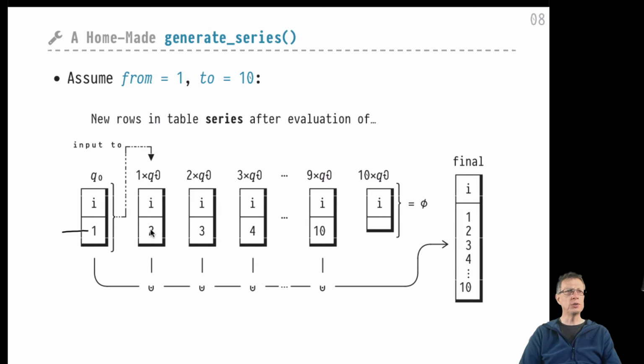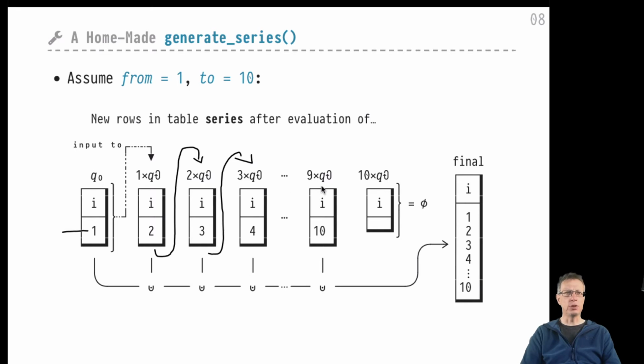This table would be the input. Only this table would be the input to the next iteration of our recursive query, which would read this single row table and generate a single row table containing a new row that would be kept. So it's added to the result. This would be fed into the next iteration, and so forth.